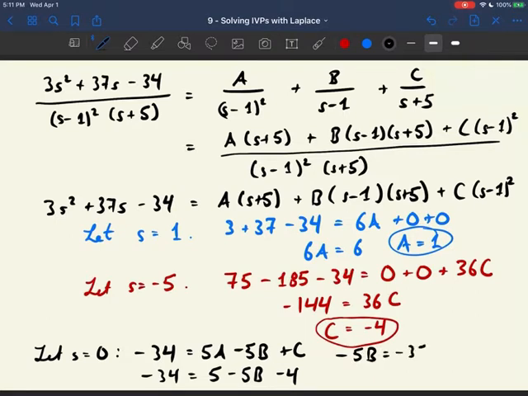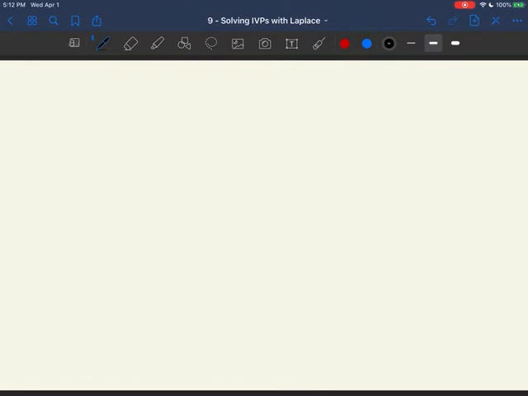And so minus 5b is equal to, let's see, minus 35, and b equals 7. All right, so I've got my 3 values that I need here in order to continue. Hopefully that agrees with what you got. Having done that, we will continue our problem here.